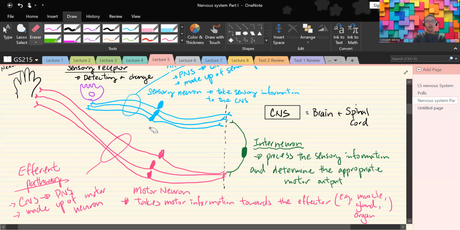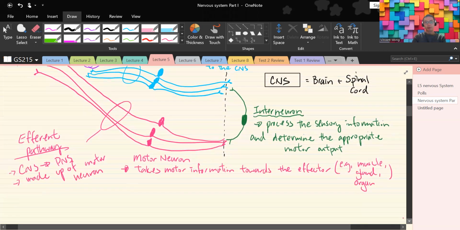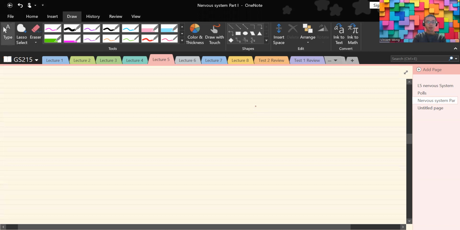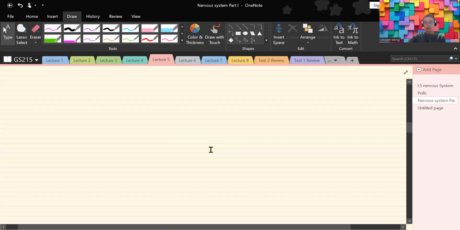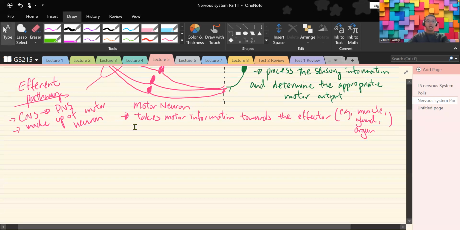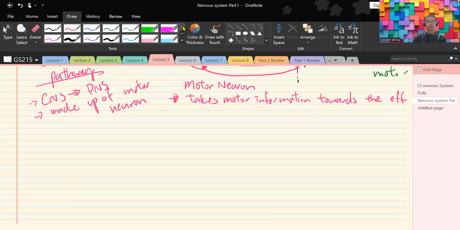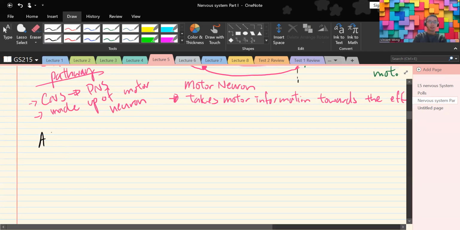Okay, so all these, like a bundle of neurons, we actually have a name for them. Okay, so let me just, oh, what happened here? Everything is gone. Let me go back here. There we go. A bundle of axons, right?